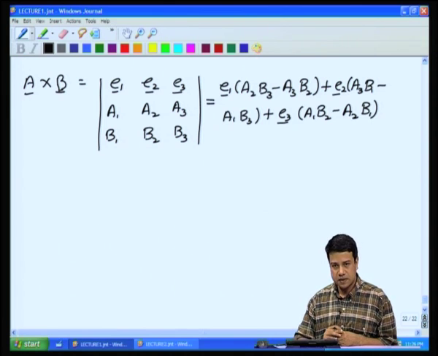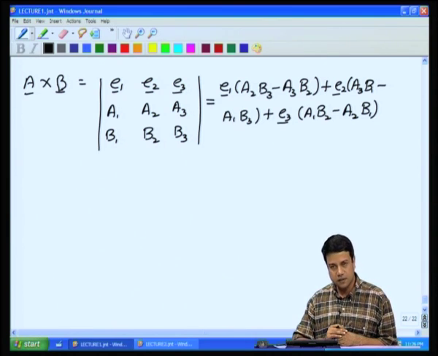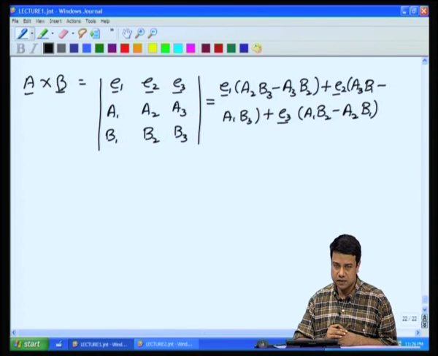For our purposes, rather than write it this way, we will write the cross product in terms of a dot product, using what is called the anti-symmetric tensor.